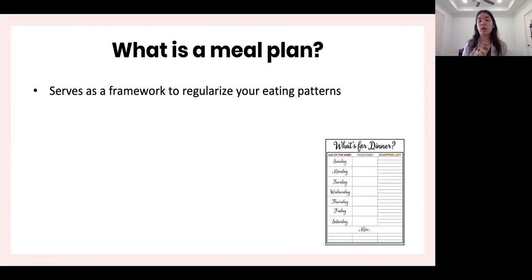When clients start treatment with us or start their recovery process, their eating is not very regular, but a little erratic perhaps. We want to use our biology or innate eating habits to get our eating habits back on track. So we use it as a framework.